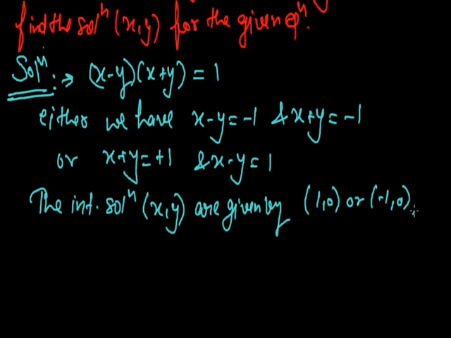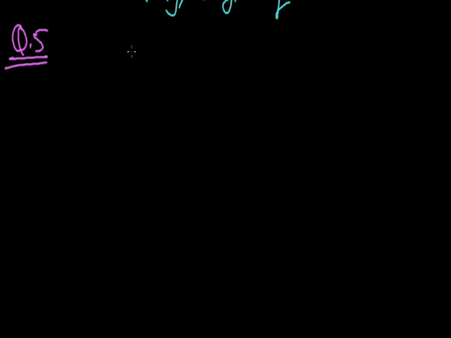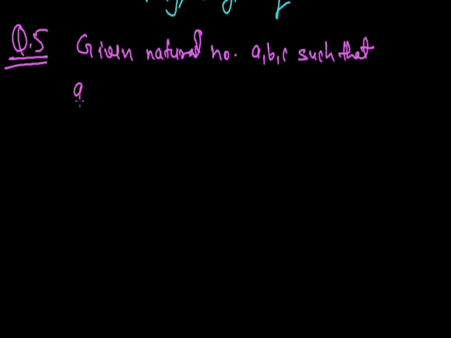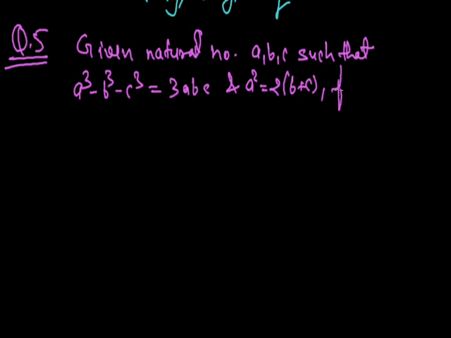That is our answer. Moving to our next question, question number 5: given natural numbers a, b, c such that a cube minus b cube minus c cube is equal to 3abc and a square is equal to twice of b plus c, find the values of a, b and c.